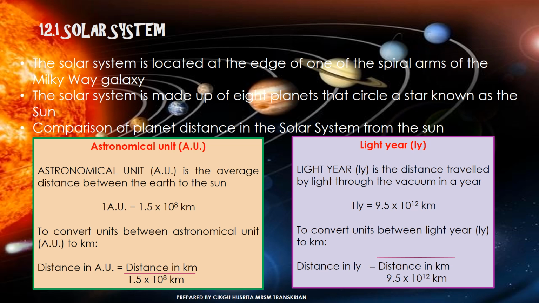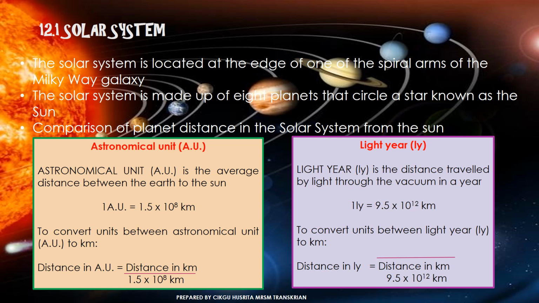Another one is the light year, or LY. A light year is the distance traveled by light through a vacuum in a year. That means the distance light travels through the vacuum in 1 year. One light year equals 9.5 times 10 to the power of 12 kilometers.